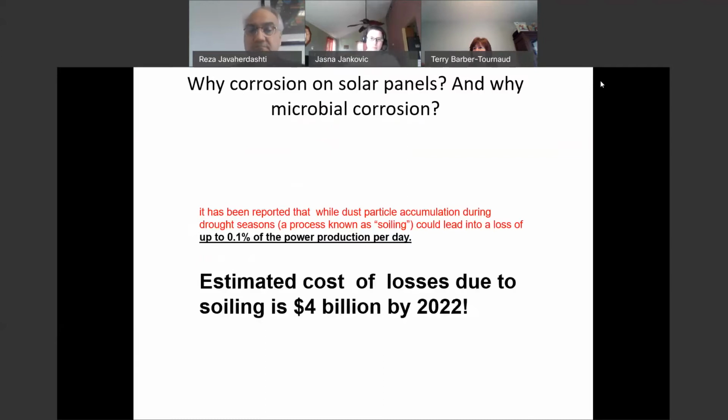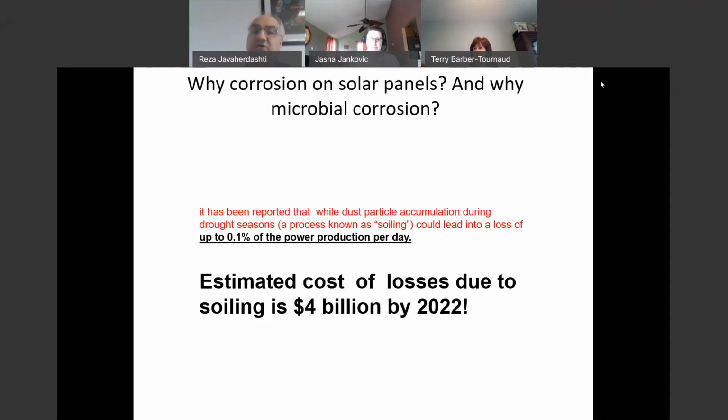However, there have been reports that due to particle accumulation during drought seasons, which is called soiling, you could lose 0.1% of the power production. And while it may sound like a very tiny, unimportant issue, you would see that the estimated cost of losses due to soiling could reach $4 billion by 2022.